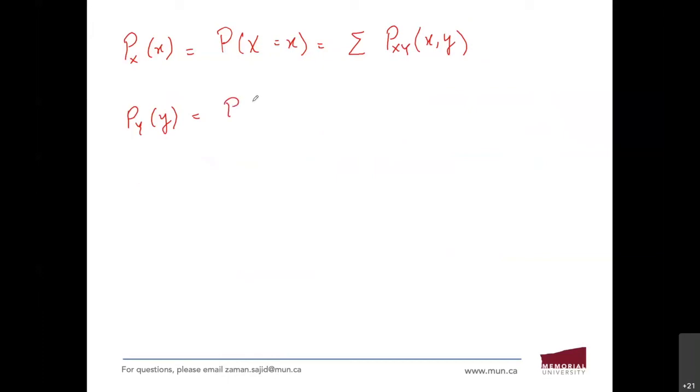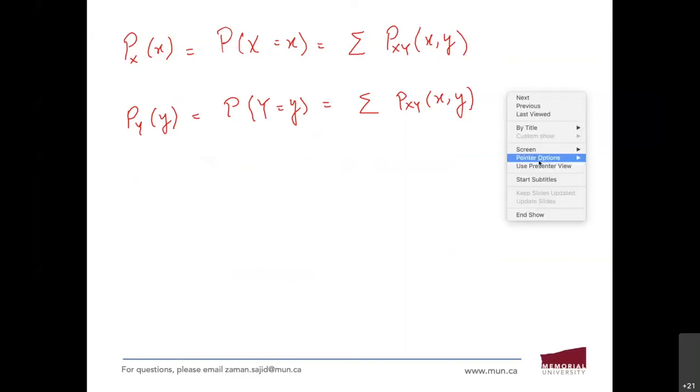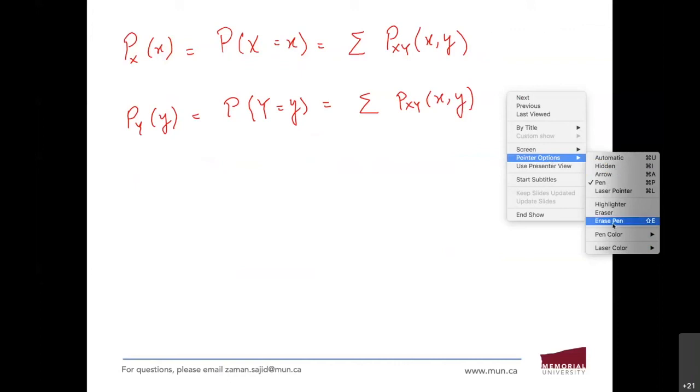This is also the marginal probability, another notation for this is the summation of P of x, y. Now I'm going to do a very important thing which you need to pay attention to, and I'm going to use a different color just to highlight what I want to say here.